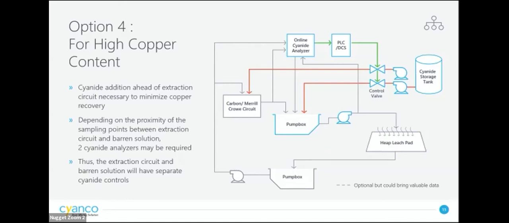You can have one just ahead of the extraction circuit, and another one at the barren pump, or at the pump box if you have one. In this case also, most of the time two analyzers are required, depending on the proximity of the sampling points.